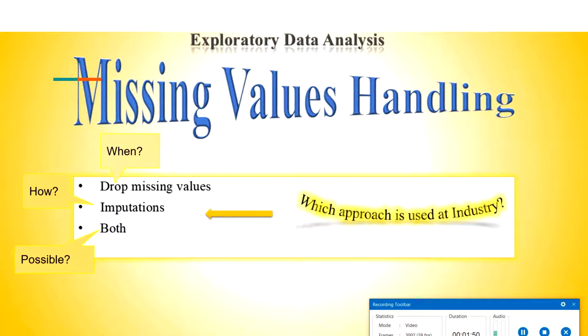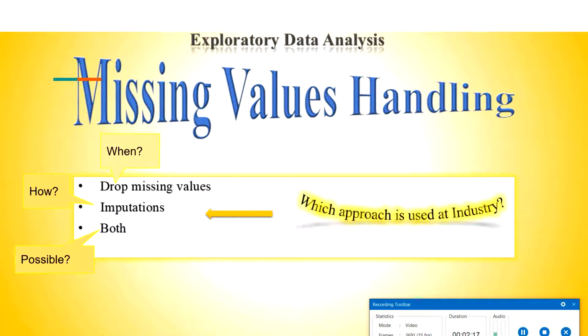Now, when you decide to go ahead with imputations, you must be facing questions like how can I perform imputations? Well, imputation basically means trying to fill the missing values with the most appropriate value. You just cannot fill those missing values with anything. A missing value is as good as a blank. Have you heard of the statement, fill in the blanks?